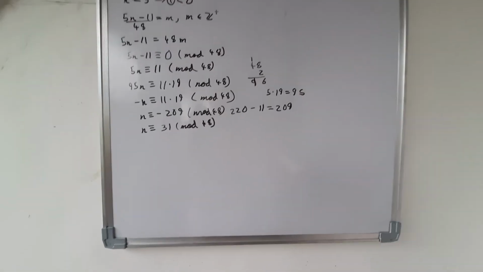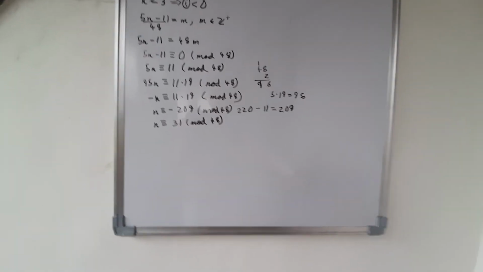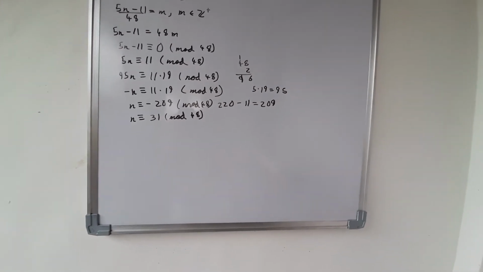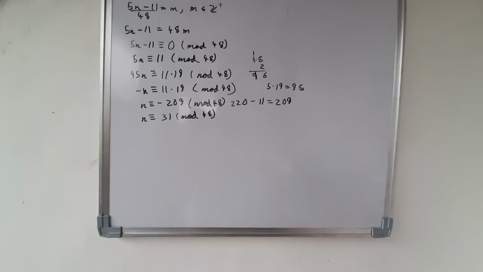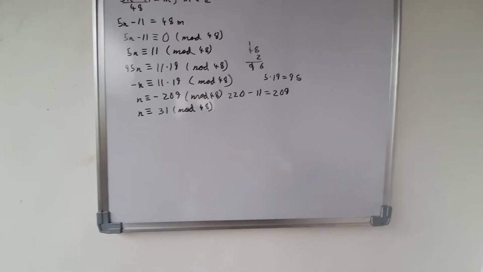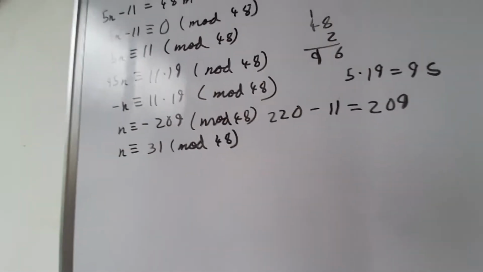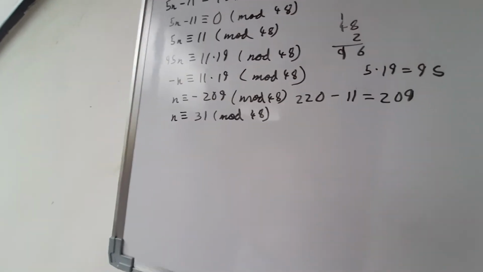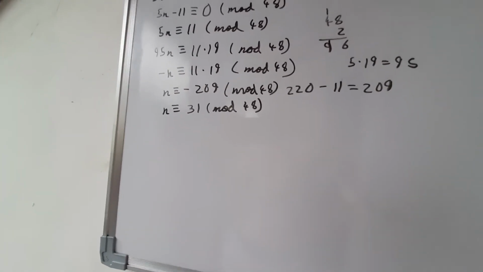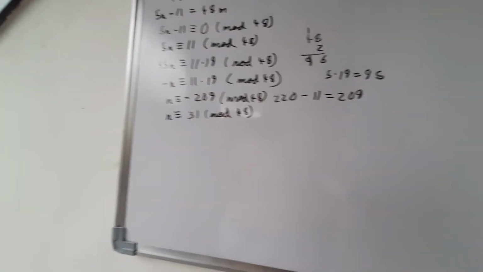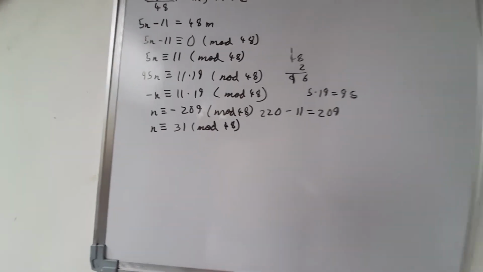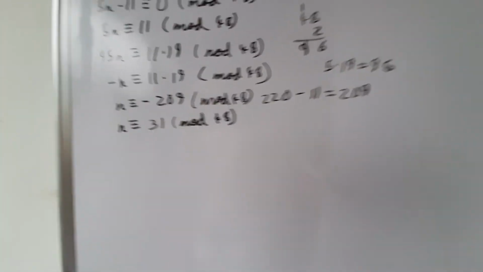Anyways, I don't have much time on my hands, but I guess we should evaluate one expression. Let's take 31 mod 48, maybe the smallest value. Is this even right though? I don't know. Well, I suppose it's right.